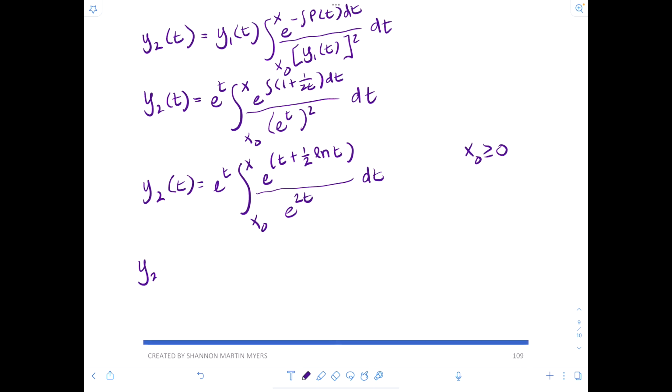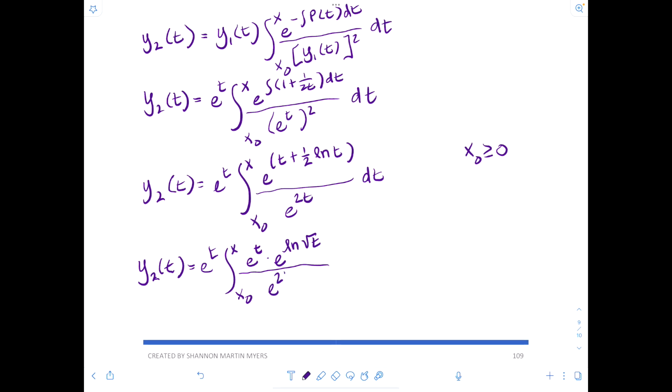And continuing, y2 at t will be e to the t times the integral from x0 to x. This will be e to the t times e to the natural log of the square root of t. Working on a little algebra there, when you're adding the exponents, it's the same as the product of the same bases.